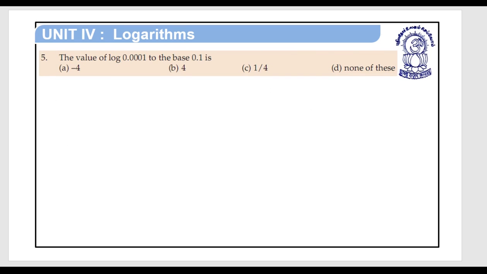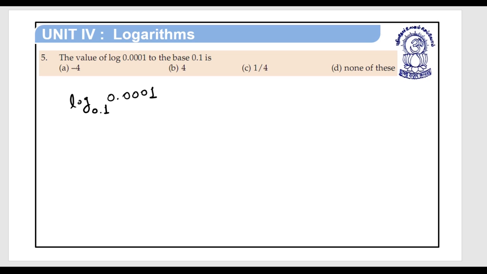Next, the value of log 0.0001 to the base 0.1. This question is given in descriptive form. So we can write log of 0.0001, where the base is given as 0.1.